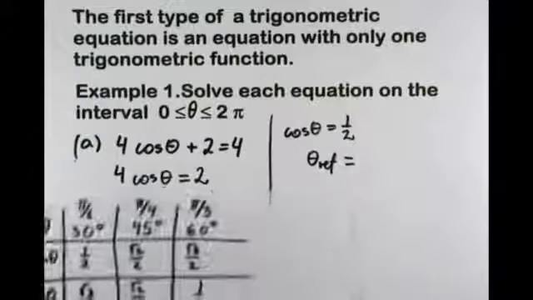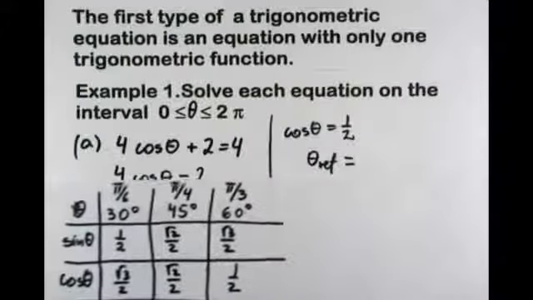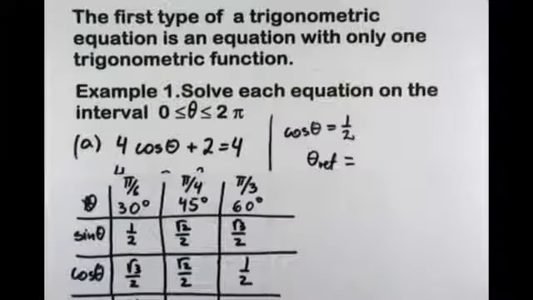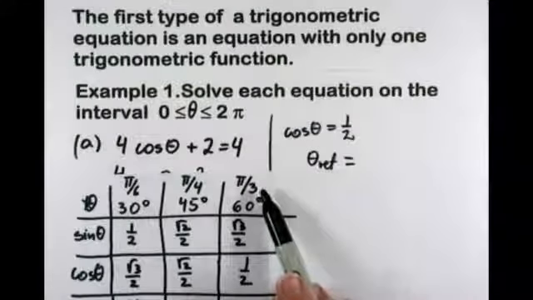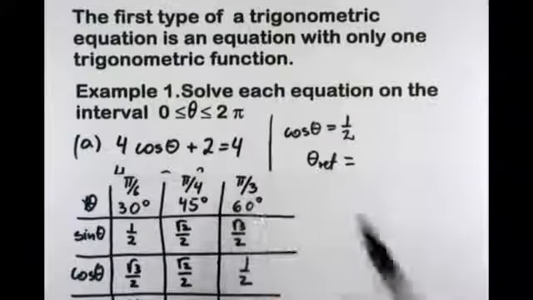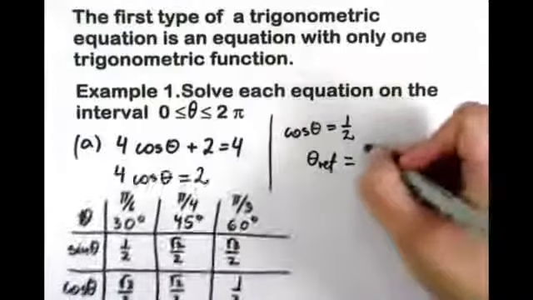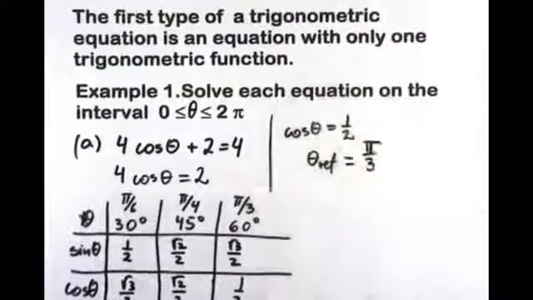If we look from the chart or use the triangles, we know that cos theta is 1/2 for pi over 3. So theta is pi over 3.